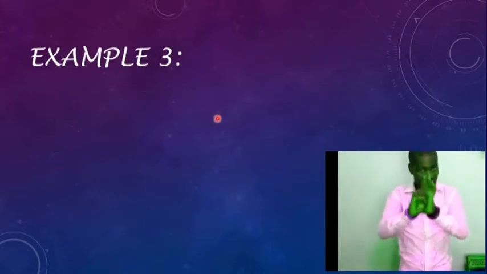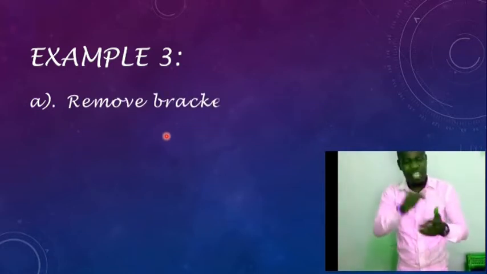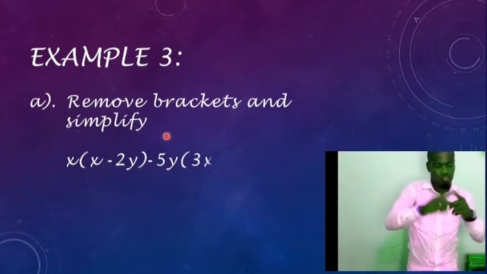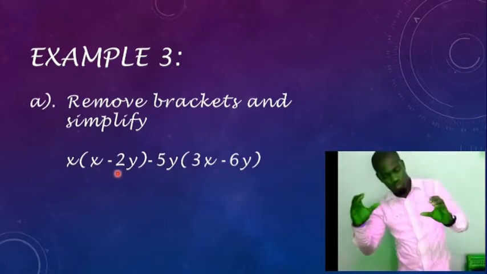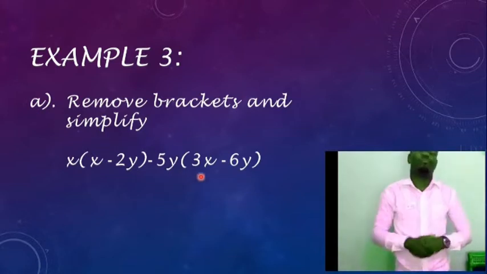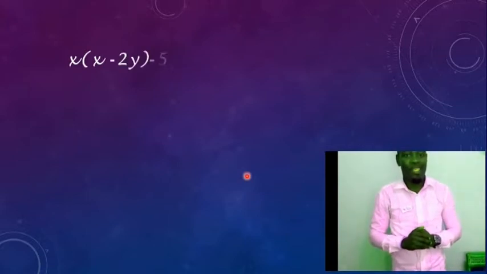Let's look at another example. Remove brackets from this algebraic expression and simplify: x into bracket x minus 2y, close the bracket, minus 5y into bracket 3x minus 6y. Now let's solve that expression.